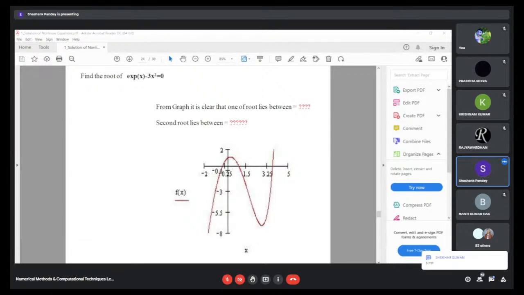Has anyone calculated one of the roots between 3.25 and 5? Shekhar Suman has given the first answer. Neith has also given. Once we calculate with one more method, the secant method, we will compare the convergence rates, that is, see which converges faster.